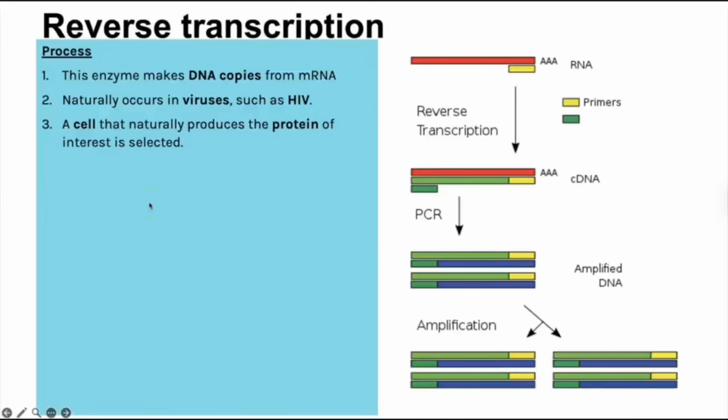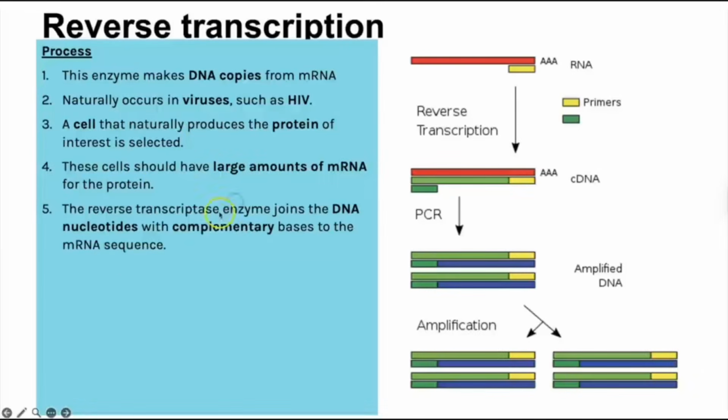A cell that naturally produces the protein of interest gets selected. Then large amounts of mRNA for that protein should be in that cell and they can be isolated. You would then mix that mRNA that you've isolated with the enzyme reverse transcriptase.